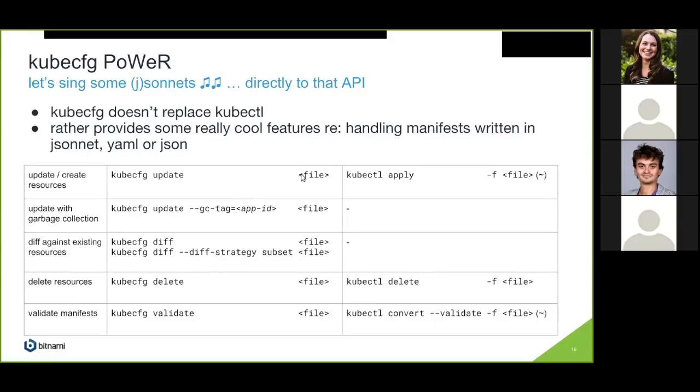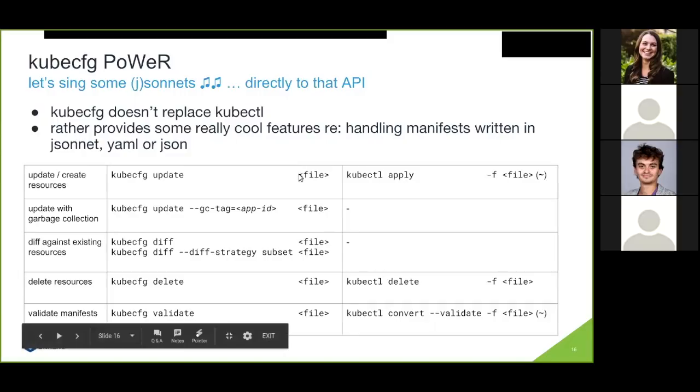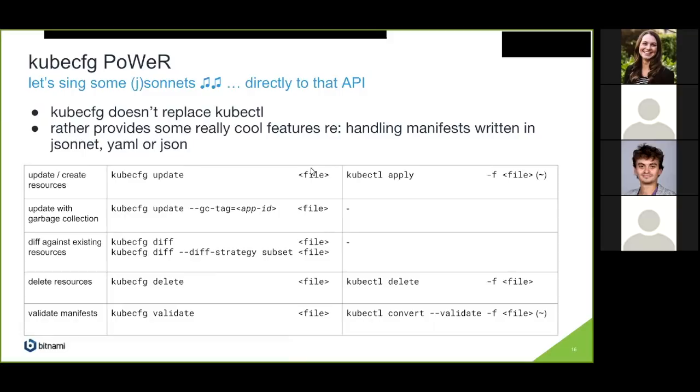One very interesting thing is that kubecfg can operate on Jsonnet, but also on YAMLs. So even until you move your manifests to Jsonnet, you can still use kubecfg's power to do things like update, or showing the diff against the running deployment.